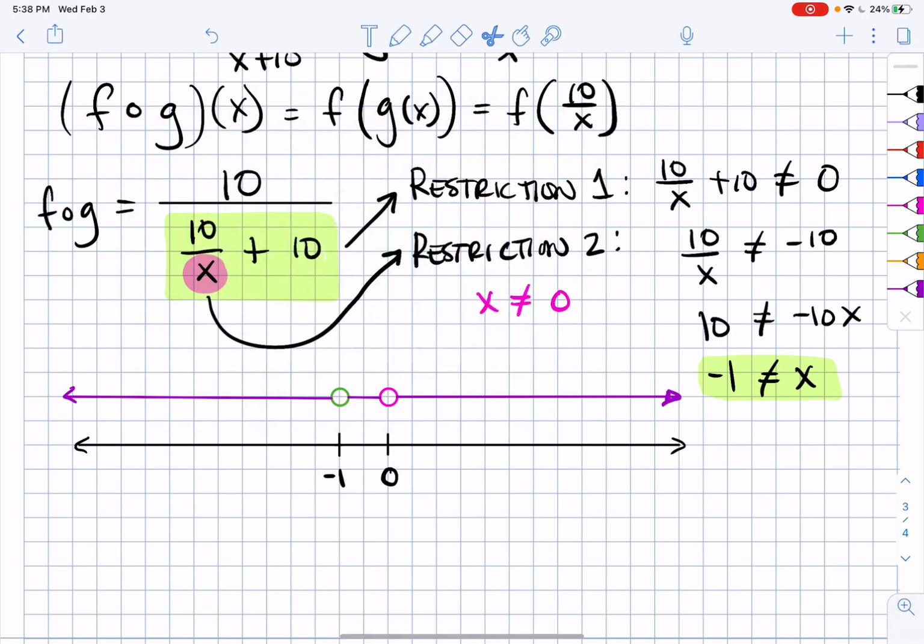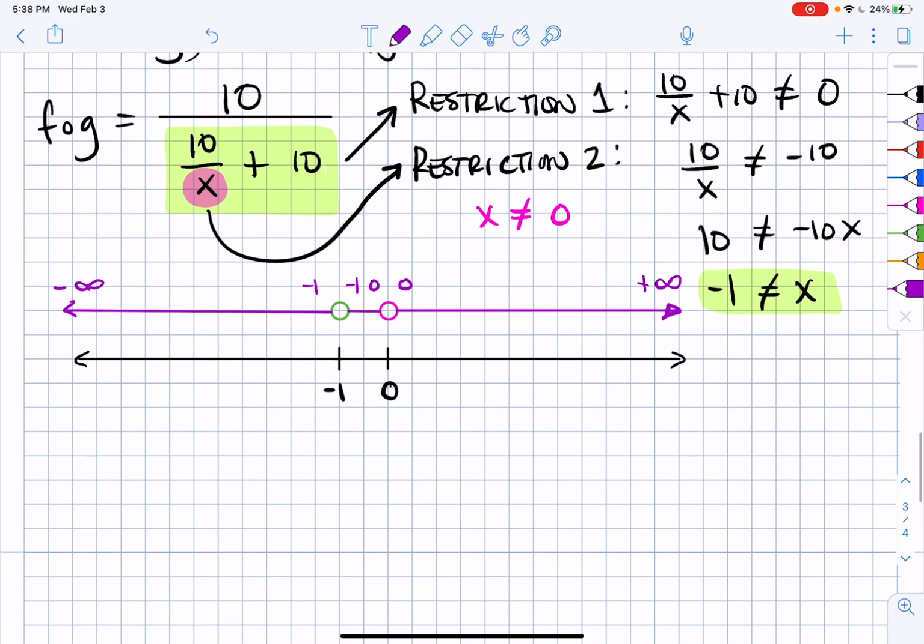There we go. So this is pointing to negative infinity, this is pointing to positive infinity, and then I have negative 1, negative 1 to 0, and 0 to positive infinity.